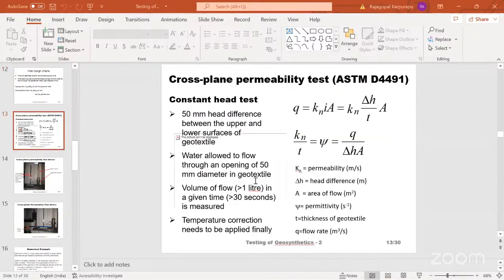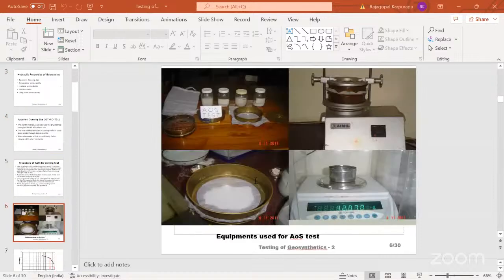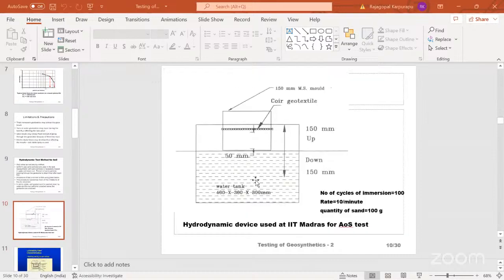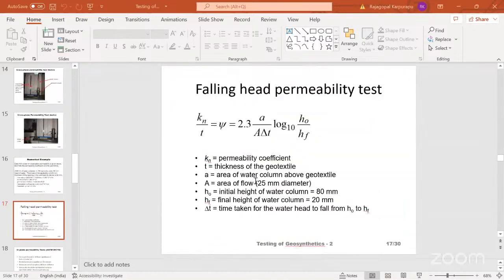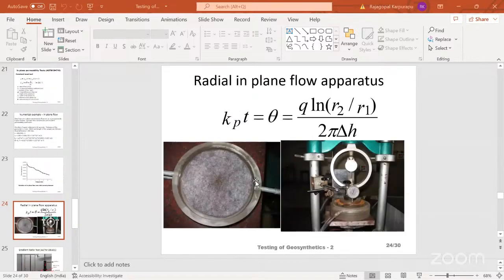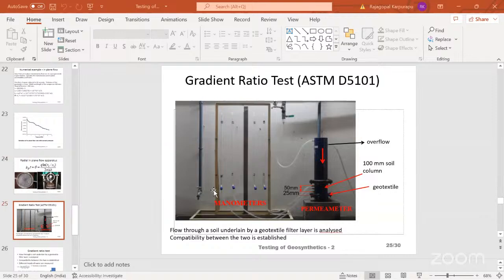Basically, this is a very thick geotextile, and this particular test is checking for the radial flow.